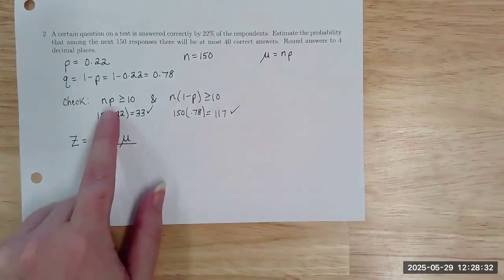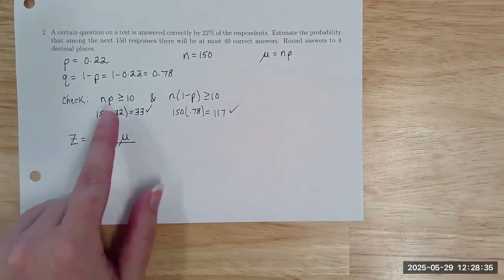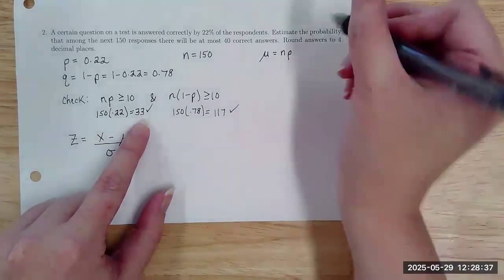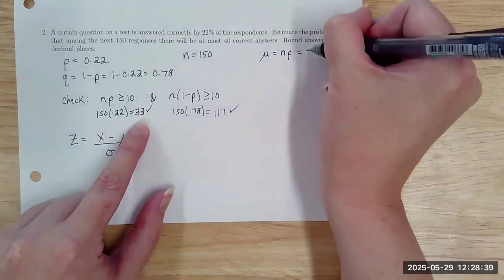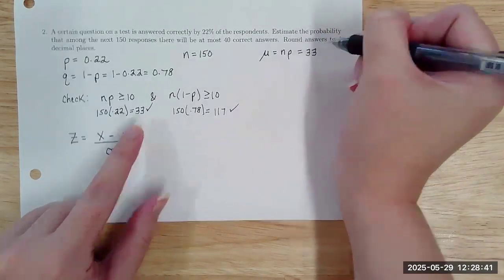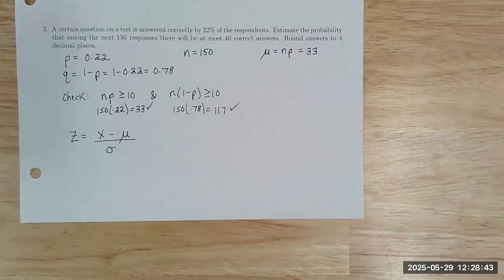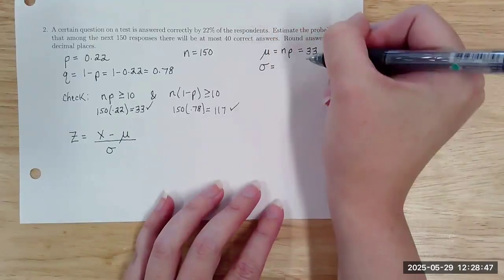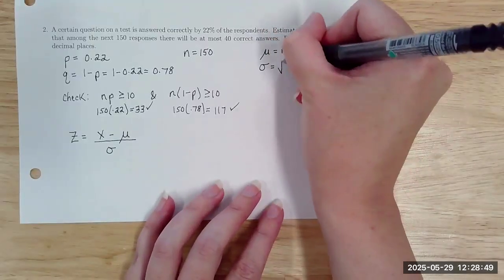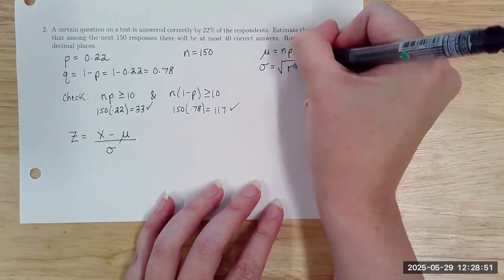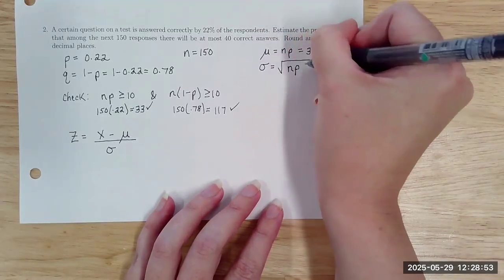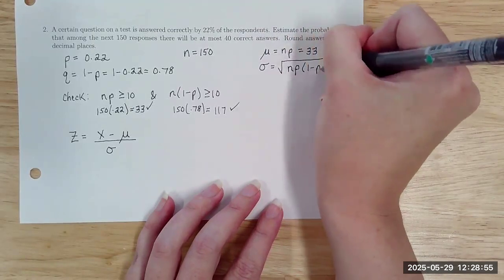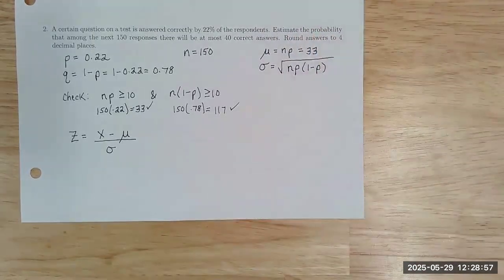We already did n times p when we were checking the conditions. We figured out that was 33. So our mean is 33. The standard deviation formula from the formula sheet last time is the square root of n times p times 1 minus p, or you could replace that 1 minus p with a q.